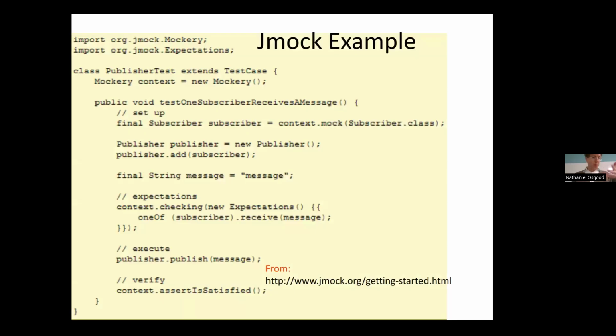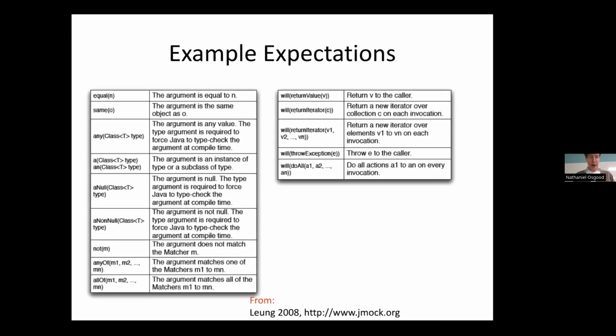JMock is an older system that I saw some slides on, so I thought I'd put it up. The point is, it allows you to state declaratively expectations about what you expect. It builds the mock for you, so you don't have to implement the mock.